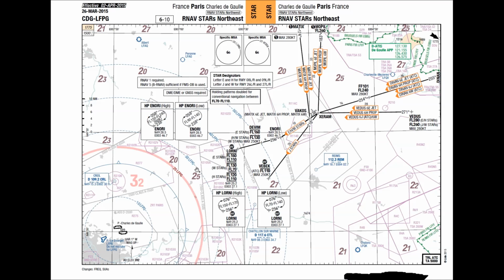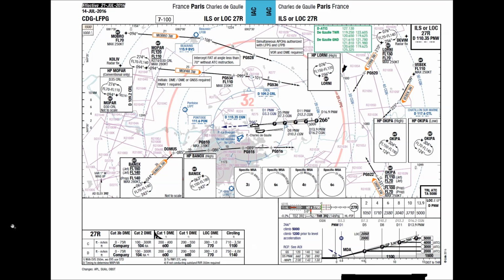So we know that BBAX 7W will be our arrival for runway 27 right. And then on the ILS 27 right chart from MOPAR, the initial approach fix, we have MOPAR 3W transition leading towards the ILS 27 right.